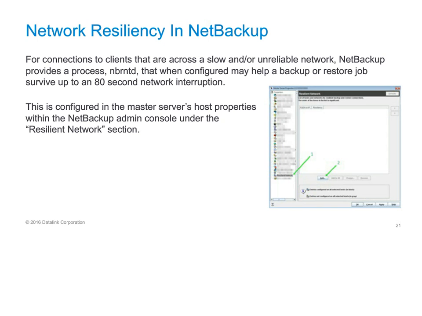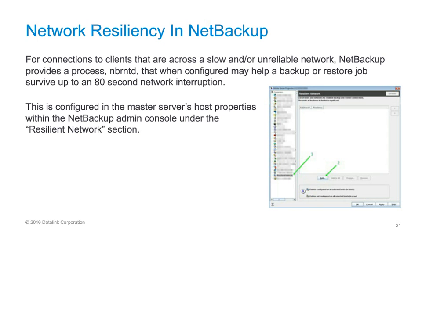NetBackup has added a new process that, when enabled, will help to maintain that backup connection to a client, whether it's for a backup or a restore job. And this is just between the NetBackup media server and the client. So it will not work between a master server and a media server, or two media servers.